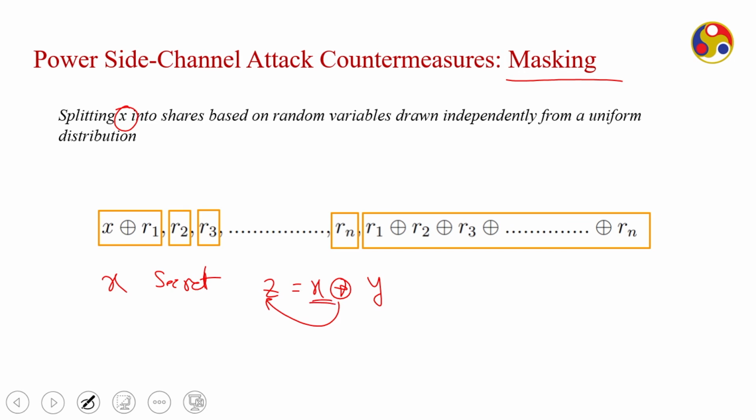So, what I want to do is break this x into shares. Let us say I want to make 2 shares. So, I will take one random variable r and I will do x XOR r, that will become my share 0 or x0, and r is my share 1. I have now 2 shares.